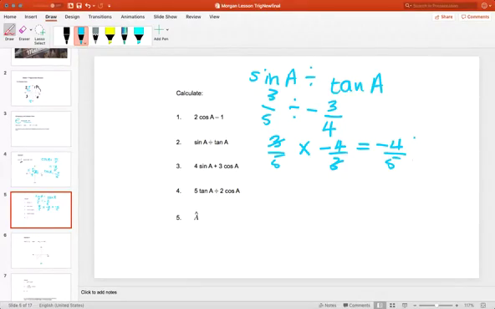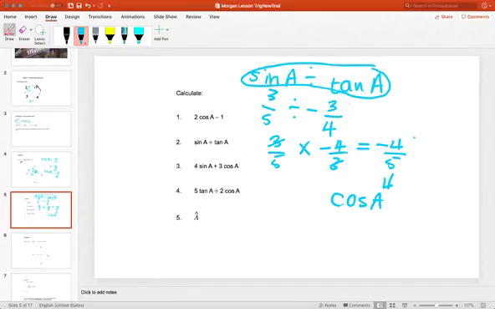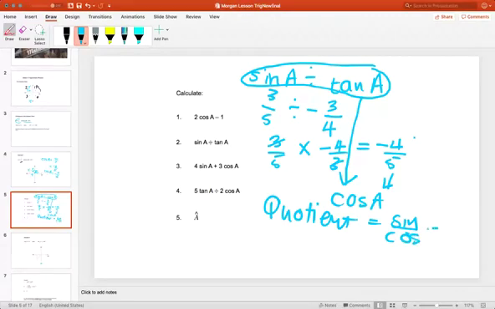And you should remember that that was actually cos A. So what we've learned from here is that sine A divided by tan A will give us cos A. And you should remember your quotient identity from last year, which means that sine over cos equals tan. And then we can have any variations from there, which we did over here.